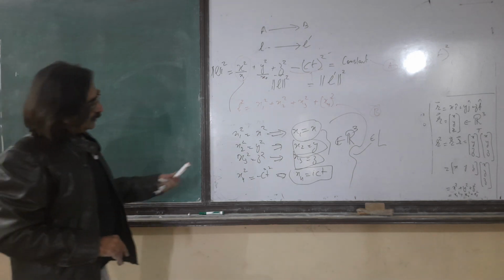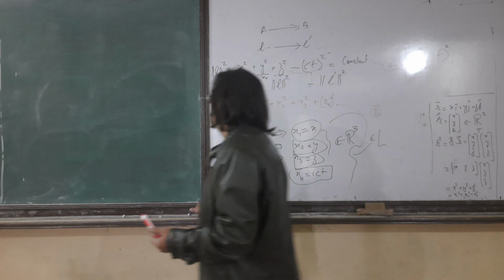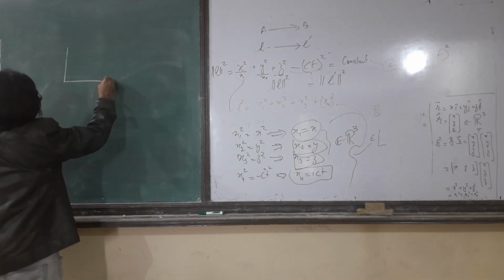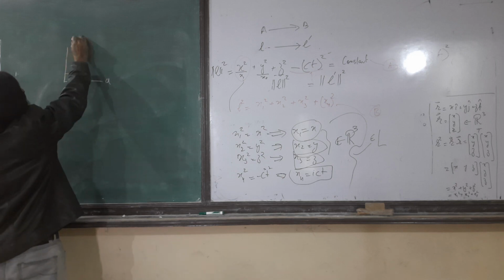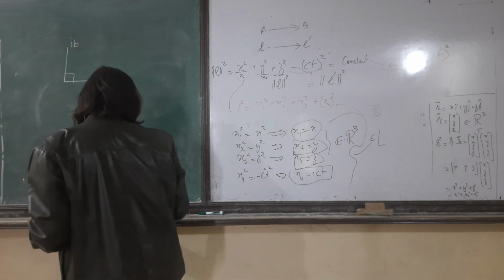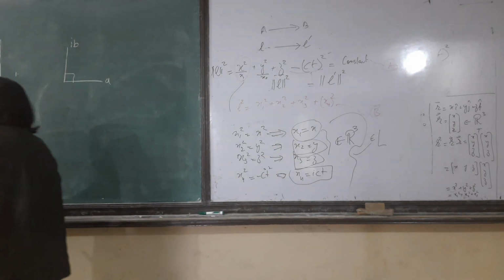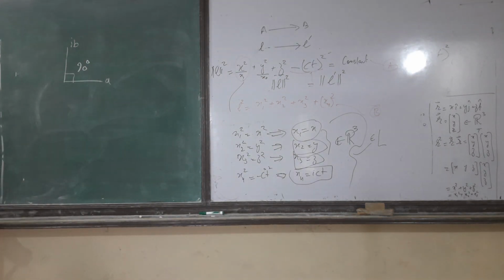Okay. This is x, y, z, and we know that if this is A, this is iA, then that will be iB. Then that will make our angle 90.